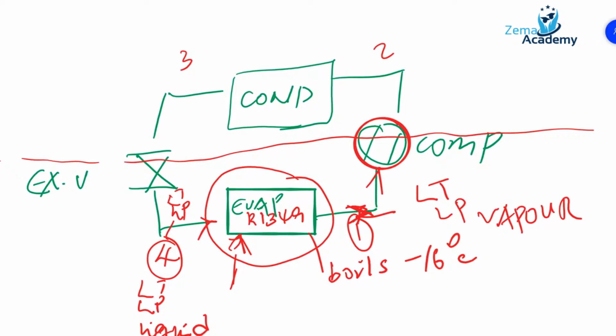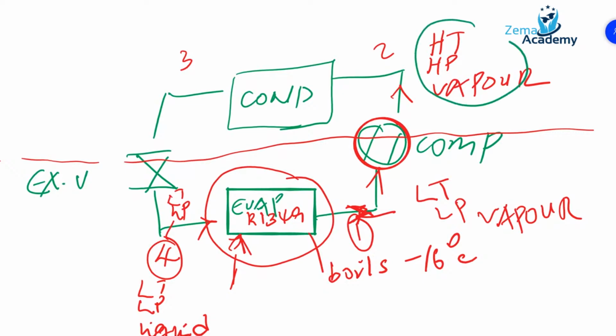The benefit of a vapor or gas is that by compressing it, reducing its volume, we are able to change its properties. So we use the compressor to reduce the volume of that low temperature and low pressure vapor, and when it comes out, it is a high temperature and high pressure vapor.